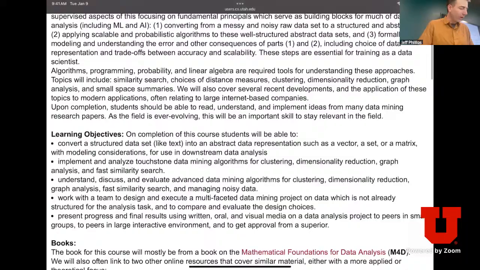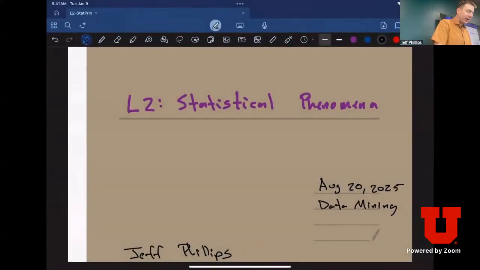Okay, great. So let's get into the lecture today. We're going to talk about statistical phenomena. The main thing I want to talk about today is the idea of having randomness in your data and how that affects the modeling.